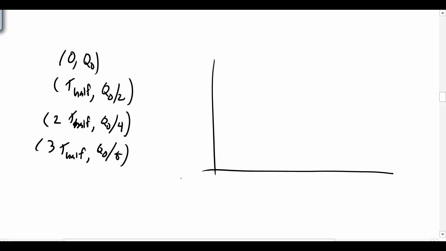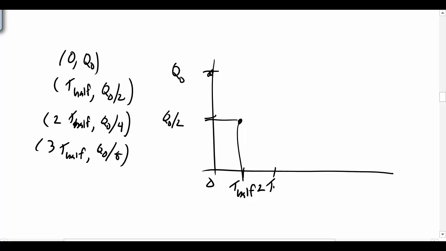So looking at a graph, here's 0. Now this time I'm getting smaller, so my initial amount would be up top there. And then I would have the time it took for half of it, which would give me, sort of halfway in the middle, Q naught over 2. So those should kind of line up.